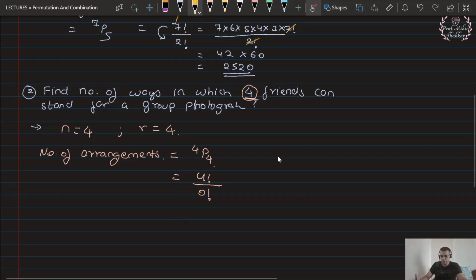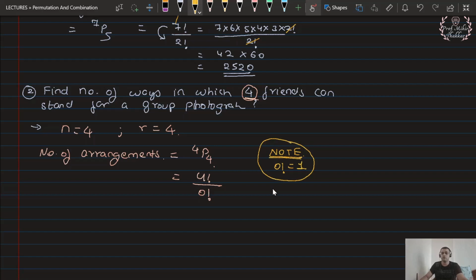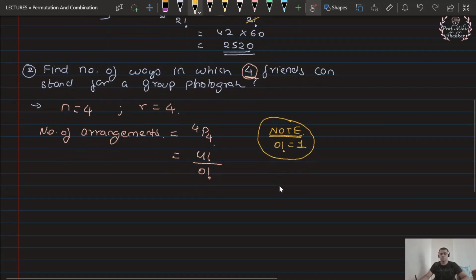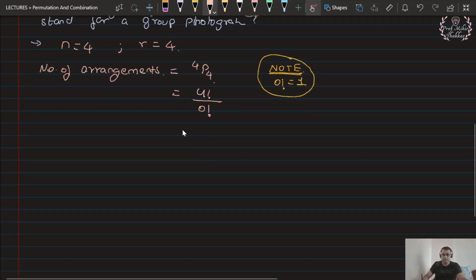A very important note that you have to remember over here, that 0 factorial is always equal to 1. Never consider 0 factorial as 0, because whenever we come across 0 factorial, we will always substitute the value as 1. So I will get the answer 4 factorial upon 1.